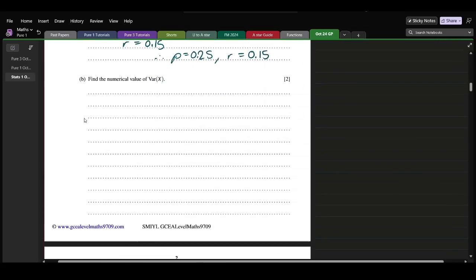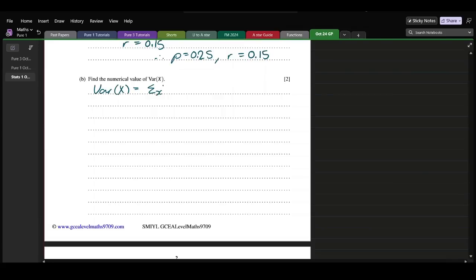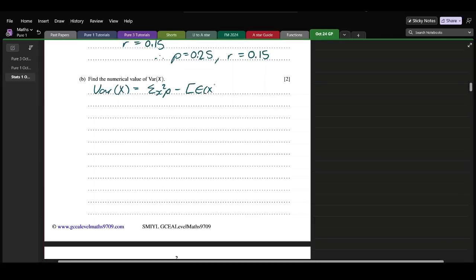Part B. Find the numerical value of var of x. So the formula for var of x is equal to the summation of x squared p minus the expectation of x squared. We already know the expectation of x from part A. What we need to find is the summation of x squared p.